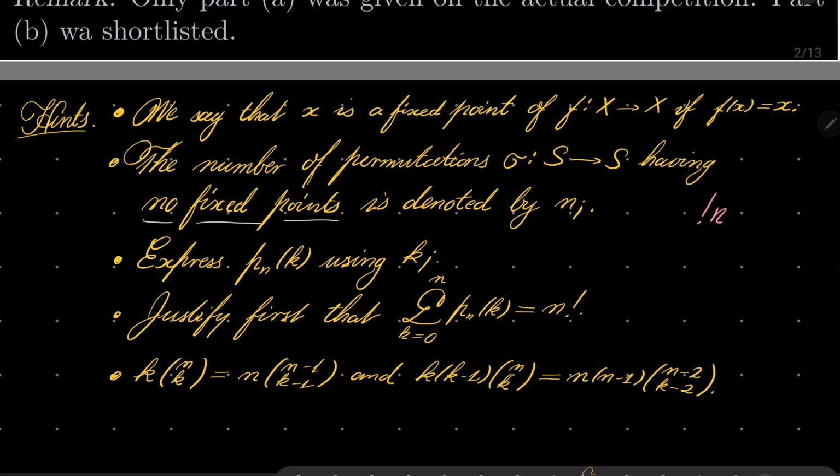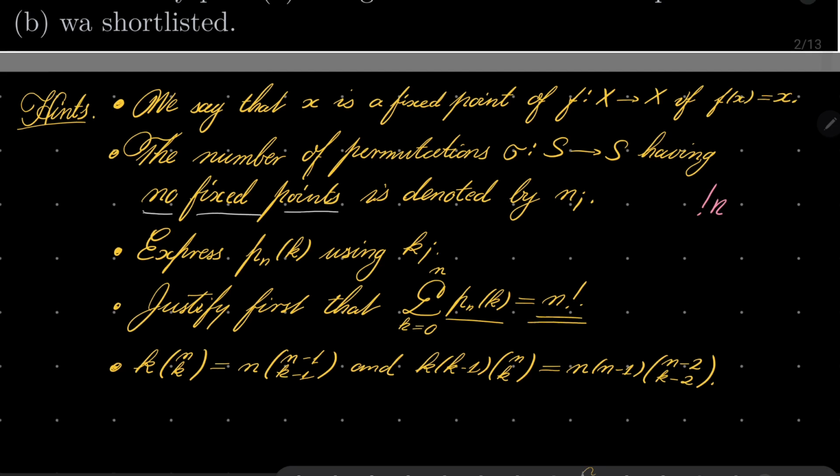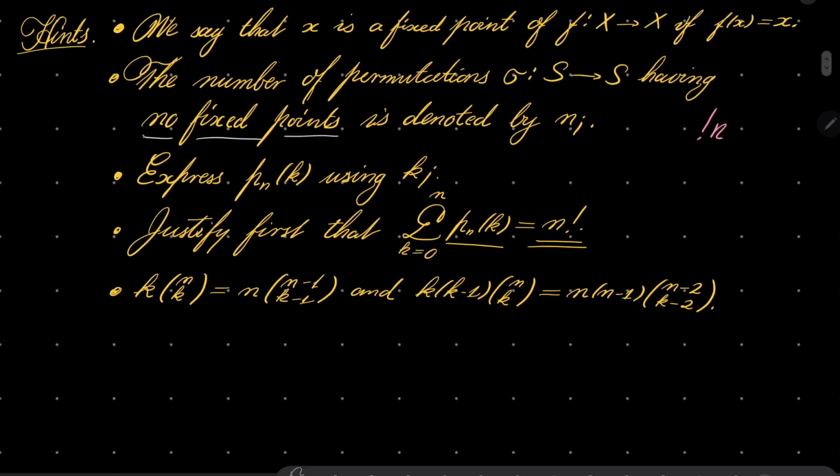Try to express Pn of k using k subfactorial and binomial coefficients. And first, you should justify that sum going from k equals 0 to n of Pn of k actually equals n factorial. And also, these two crucial facts are very helpful.